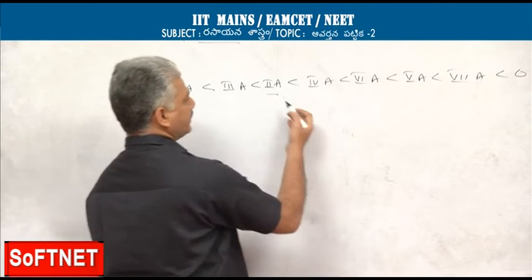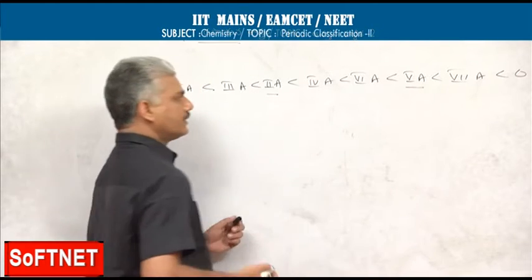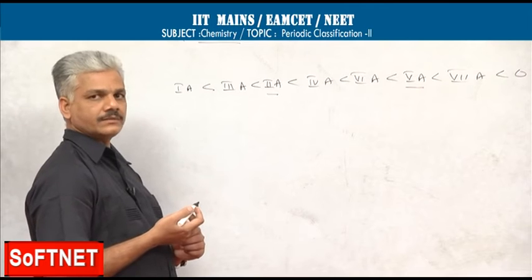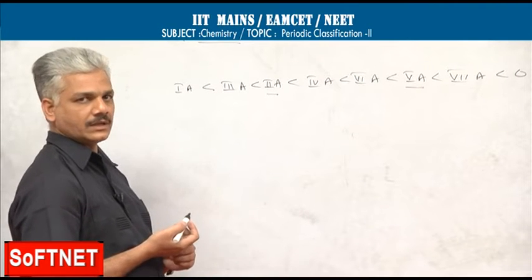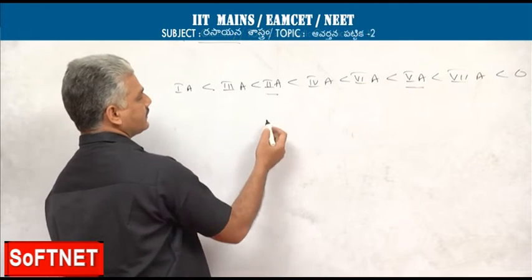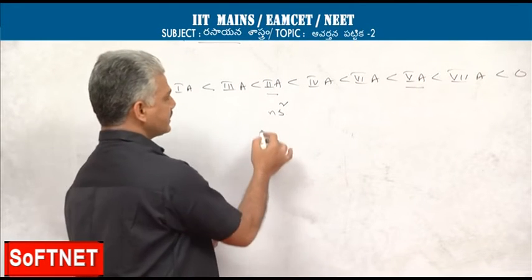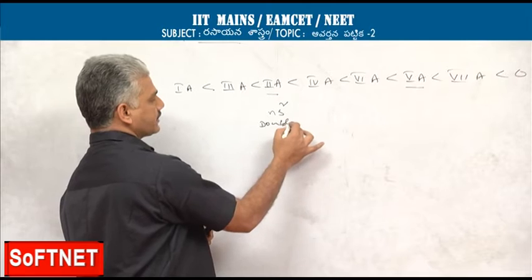The sudden jump in the IP values of 2A group elements and 5A group elements is because of their stable electronic configurations. In case of 2A group elements, ns2 configuration is present, which is a doublet configuration.